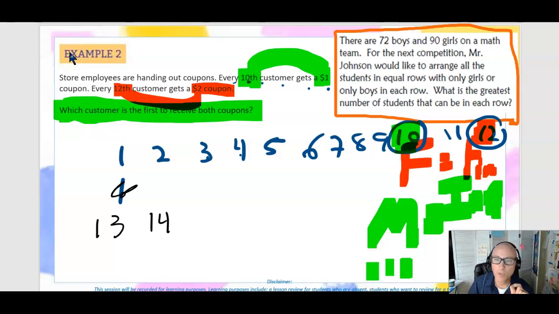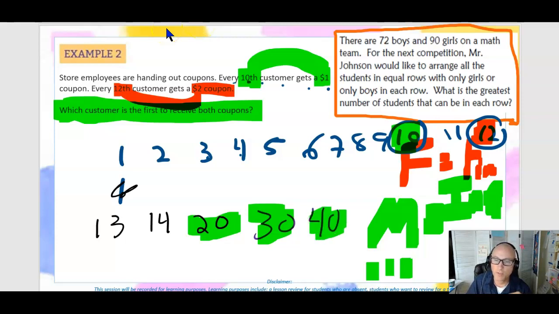Every 10th gets $1, so we have to go 10 more. What's that going to be? Oh, that's going to be 20. So if you're the 20th person, you're going to get a coupon. What's the next 10th person? Oh, I think I'm figuring this out. 30. And what's the next 10th person? 40.